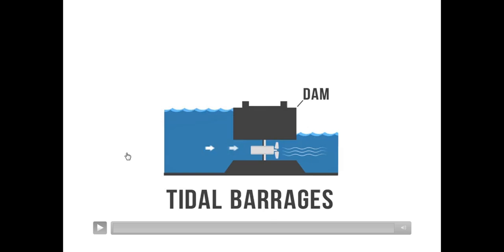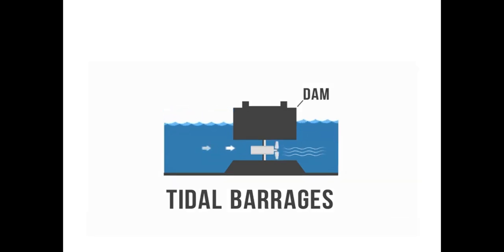If we talk about one little video on tidal barrages, we have a dam kind of structure and we are going to incorporate the TG set, that is turbine generator set, over here. Slow tide, high tide and low tide again.